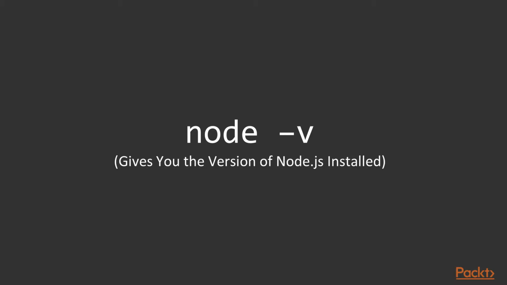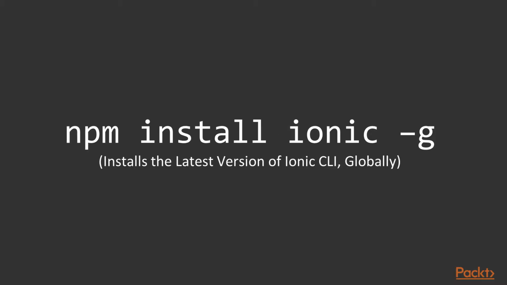Once you have verified the version of Node.js installed on your system, you can go ahead and use npm to install Ionic CLI. npm stands for Node Package Manager, which is installed when you install Node.js. It helps you manage all the Node packages on your system.